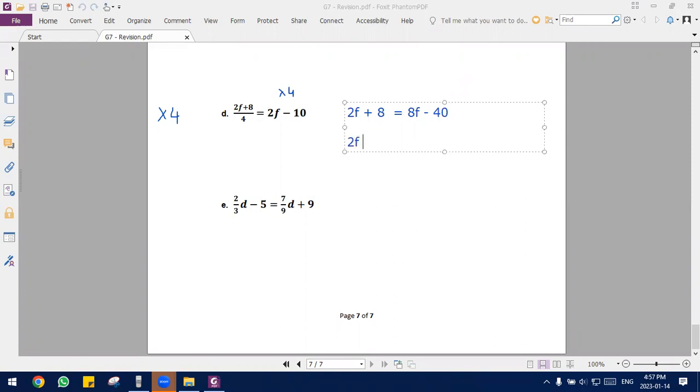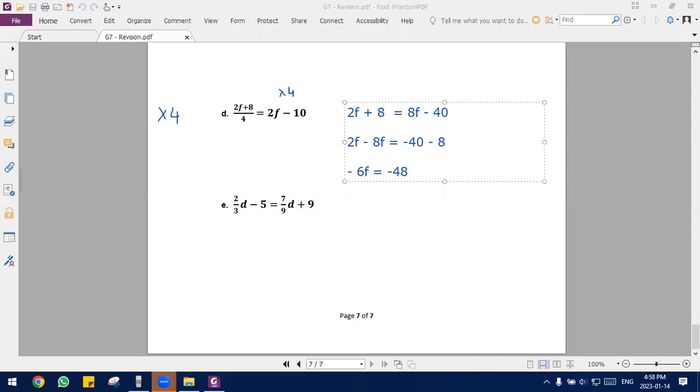So 2f minus 8f equal to minus 40. Take 8 to the other side, it's minus 8. 2f minus 8f is minus 6f. Now, minus 40 minus 8 is minus 48.